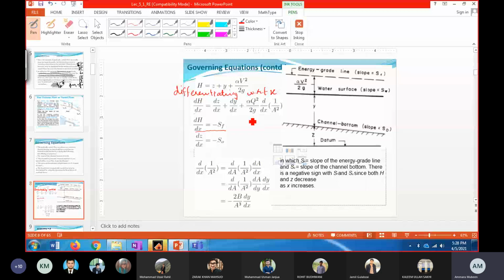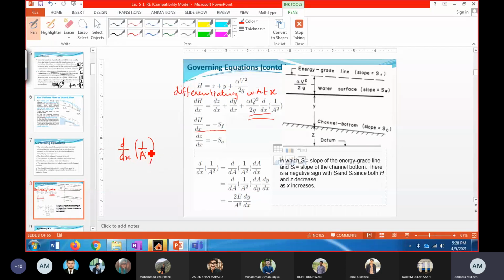Then this parameter is the derivative of 1 over A square, which you can check here. It is the derivative of area. So this derivative will be d over dx of 1 over A square.